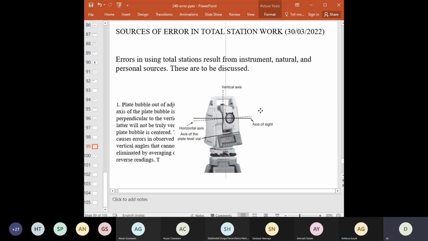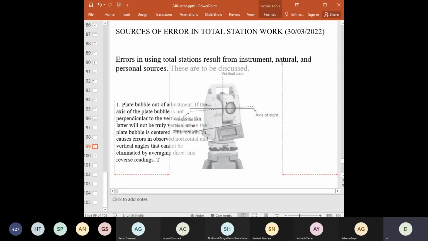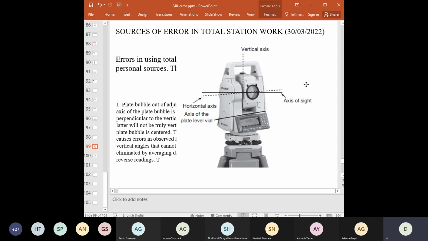So as we were discussing, the sources of errors for total station are instrument-based errors, natural error, and personal error. If we take a deeper look into the setup, whatever we will see today probably in the lab, the total station is one of the very sophisticated instruments for field data collection for engineering survey purposes.